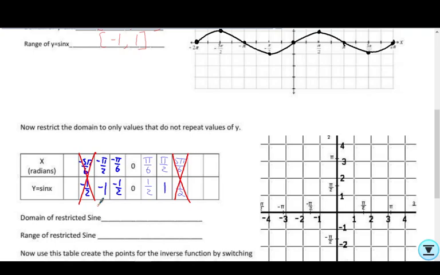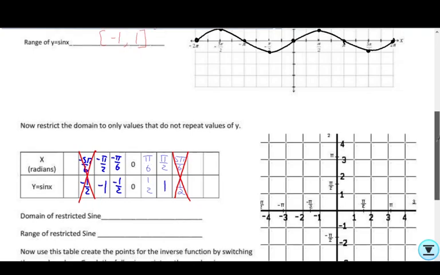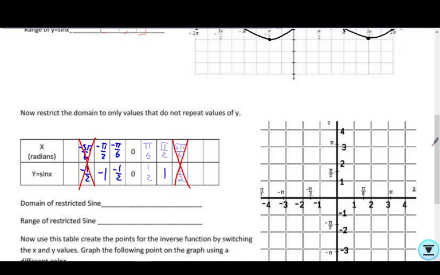So the domain of my restricted sine is from negative pi over 2 to pi over 2. That is my restricted domain. And the range, though, is still going to be from negative 1 to positive 1.